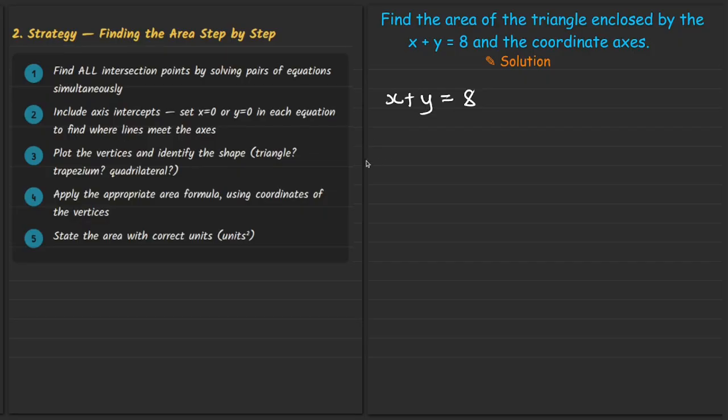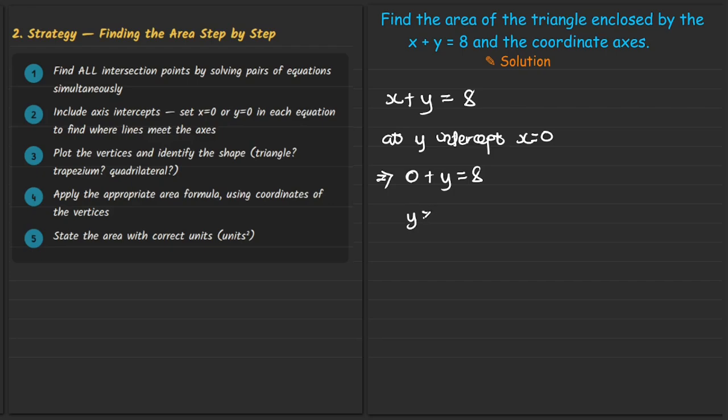So finding the intercepts, we know that at the y-intercept, the value of x is 0. So we say at y-intercept, x is equal to 0. This simply implies that we have 0 plus y, which is equal to 8.